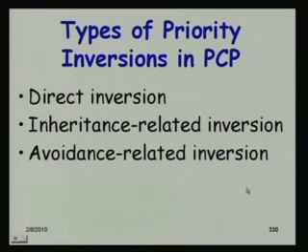Now, let us try to understand the different types of priority inversions that can occur under the priority ceiling protocol. Actually, there are 3 types of inversions that can occur. One is the direct inversion, then we also have inheritance related inversion. This we had seen in the case of the highest locker protocol, and we had said that this minimizes inheritance related inversion, but does not eliminate it altogether.